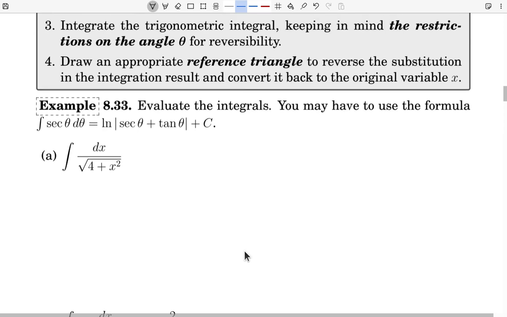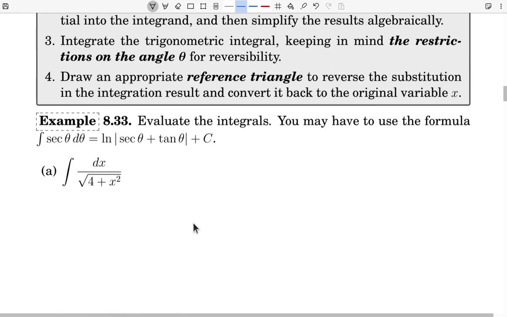Okay. Now let's try to solve this problem. For this one, x can be any number, so we start with x equals 2 tangent theta.